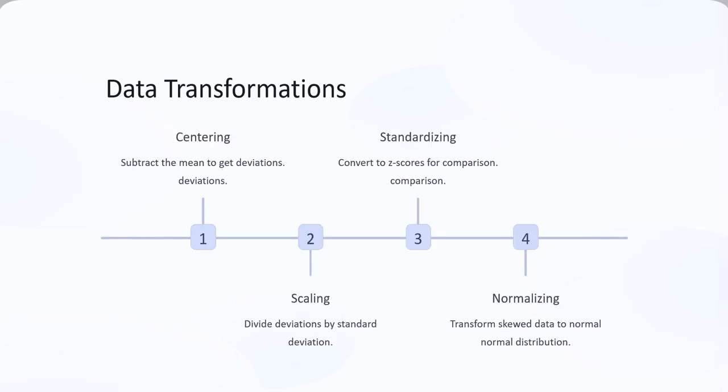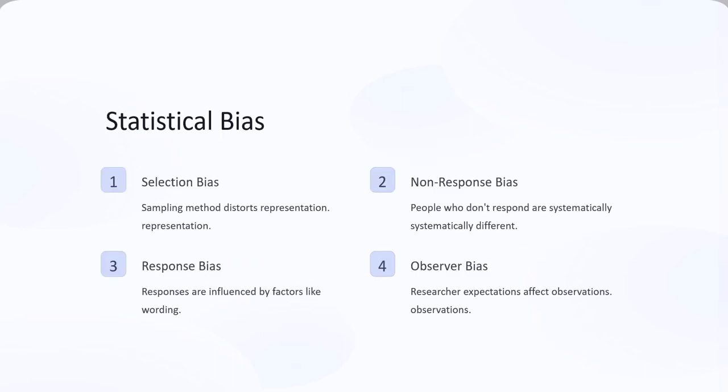Okay. And then data transformation, last class we discussed all those things, how you transform your data. Today I am not going to discuss all those things. And the statistical bias, I will take just one minute of your valuable time, so that you understand selection bias.